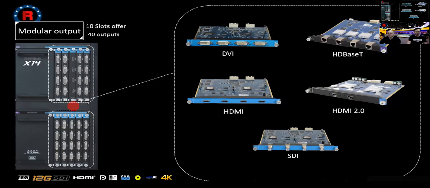Both of them are 2K outputs. And it also supports HDMI 2.0 4K output. On 4K output, it supports just 2 outputs on 1 output module, the same as we introduced before on the X3.